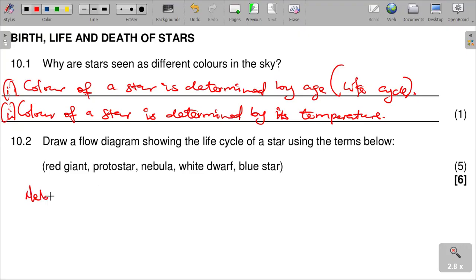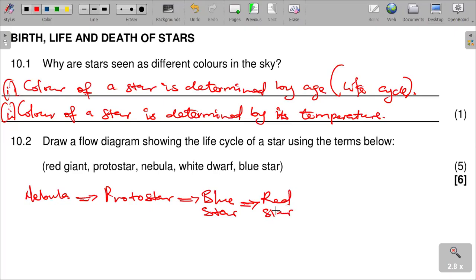If you refer to your notes, you know very well that we have the nebula first, and then we have the protostar, and then we have the blue star, and then we have the red giant.